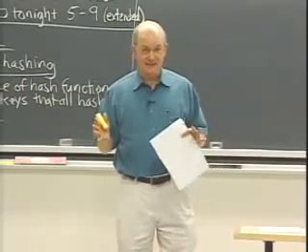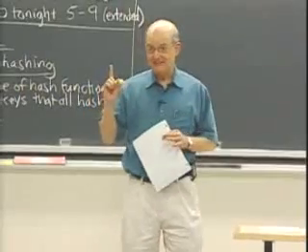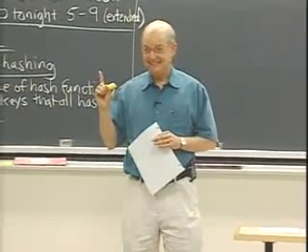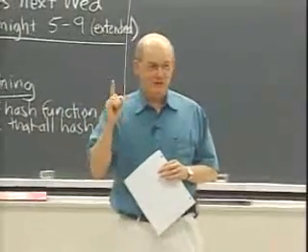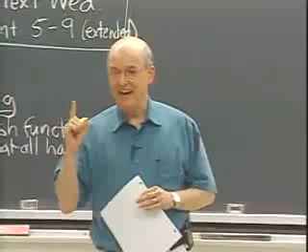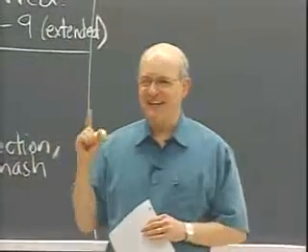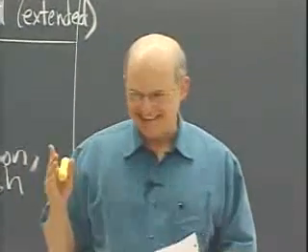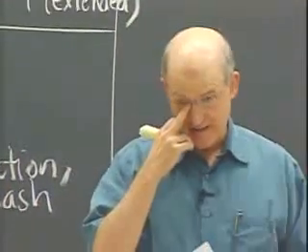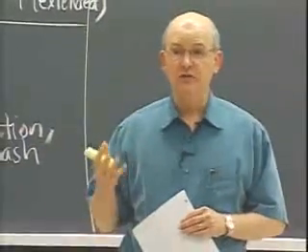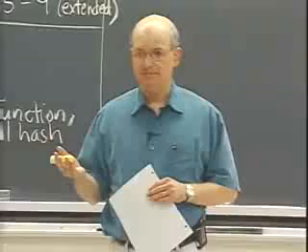And the answer is one word. How do you defeat any adversary in this class? Randomness. You make it so that he can't guess. And the idea is that you choose a hash function at random.